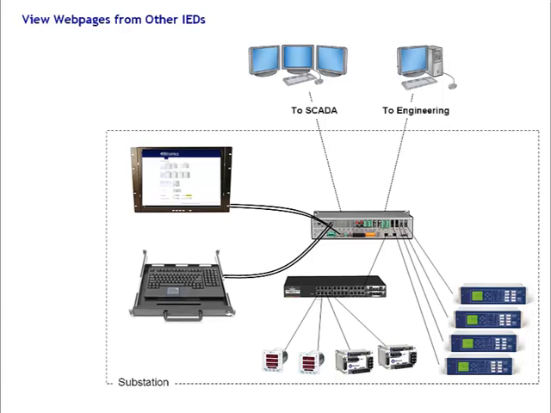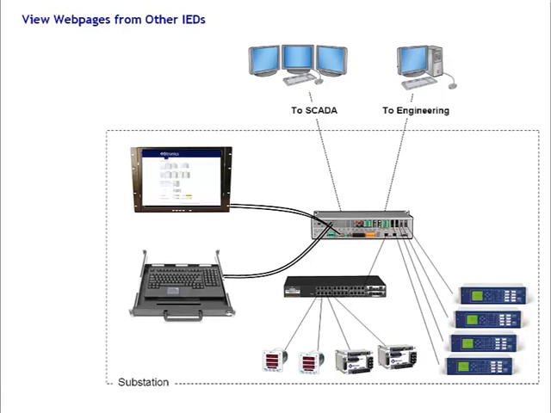And if you have very good eyes, the screen that's shown connected to the Orion is actually a web page served from the Bitronics instrument. So by putting in the address of that instrument for that page, you can view pages from other web-enabled devices in the substation.